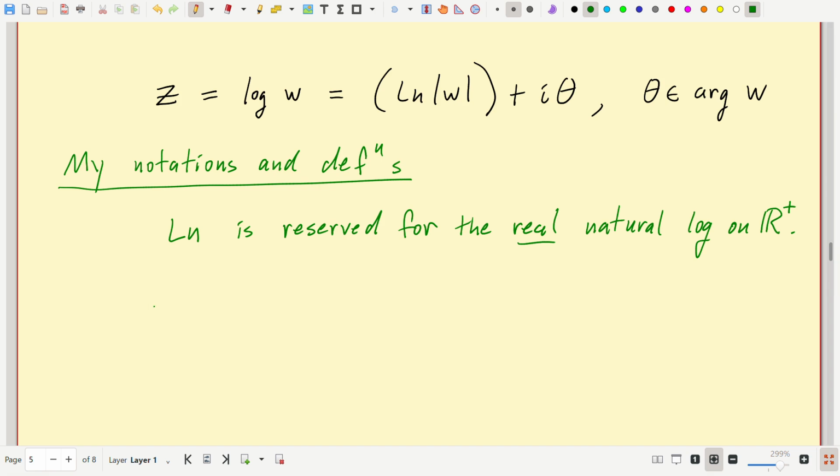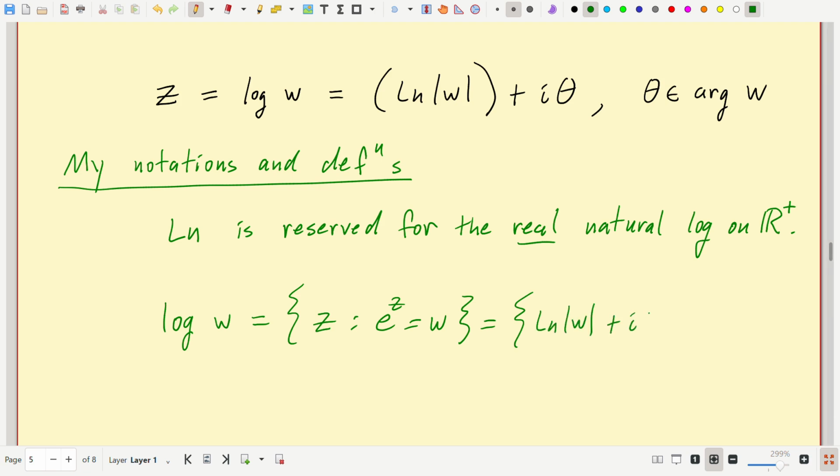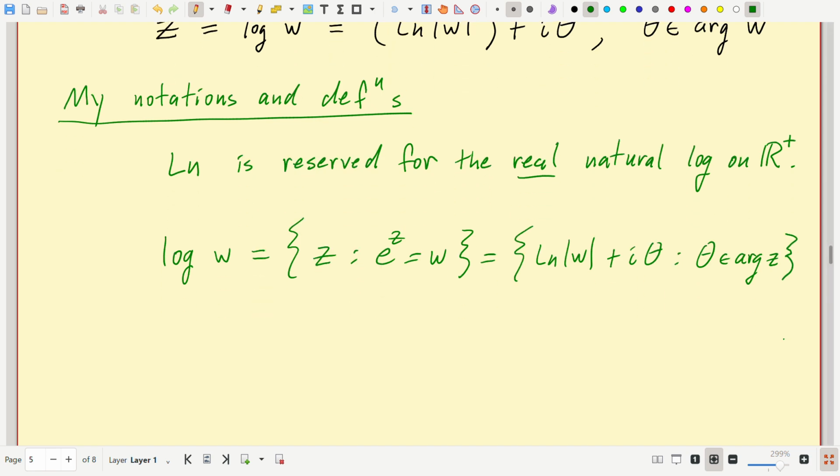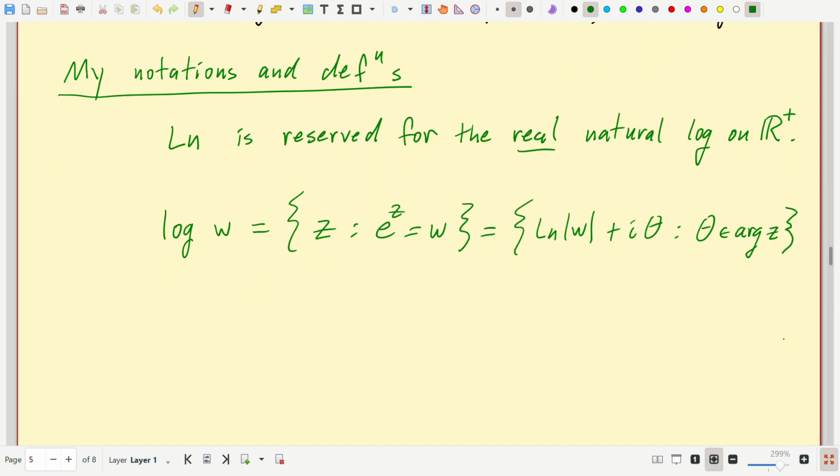Okay, and here's my other notation. Like I did for little arg, I use log of w to be the set of all possible logs. So that's the z such that e to the z equals w. And we've seen that that's equal to the natural log of mod w plus i theta, where theta is an argument of w.